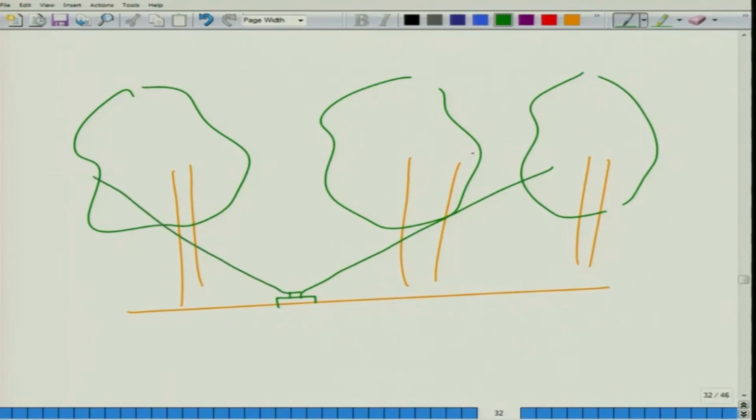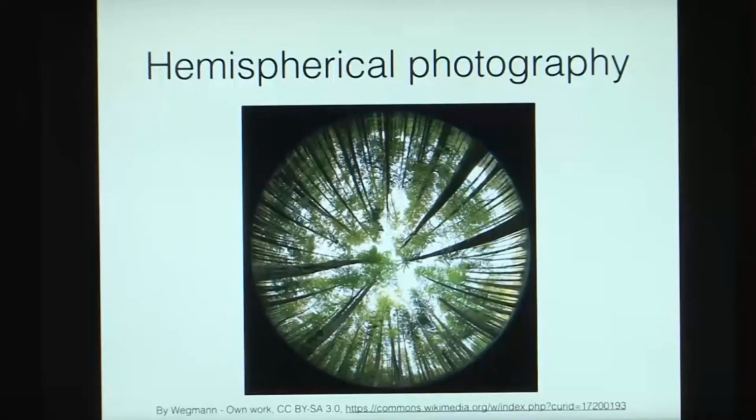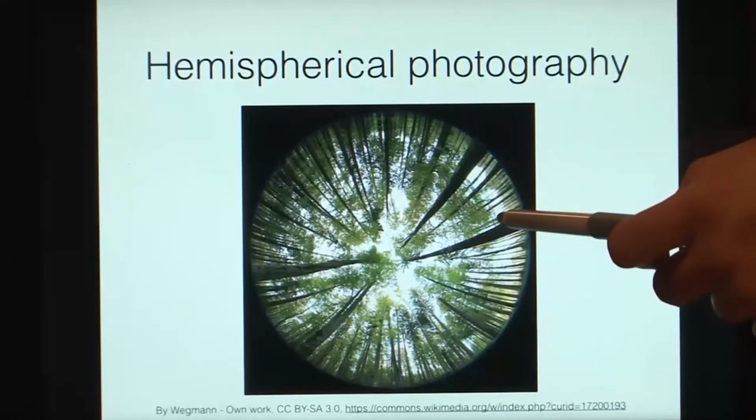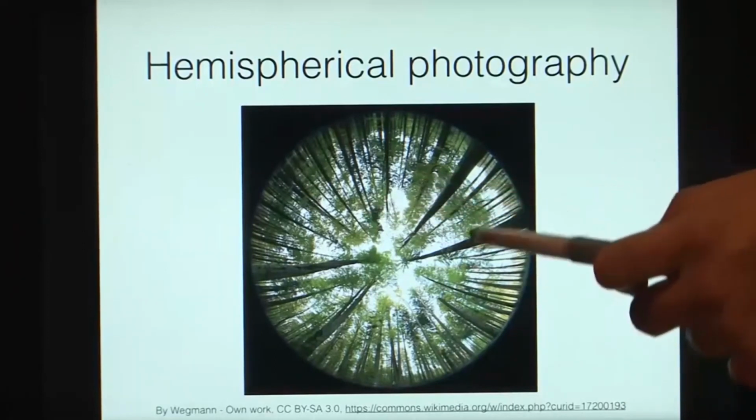So, all these portions will be seen in the photograph. Now, coming back to the slide, this is how your fisheye lens is showing you the whole region. You can see a number of tree boles and a number of canopies.